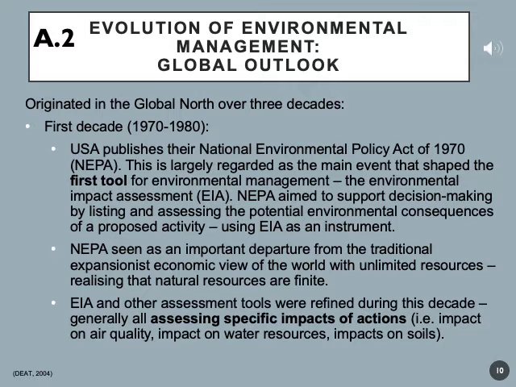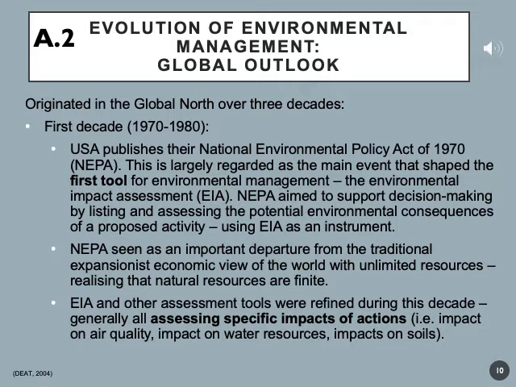And many regard this as the main event that shaped the first tool for environmental management, which is the Environmental Impact Assessment, or the EIA. NEPA aimed to support decision-making by listing and assessing the potential environmental consequences of a proposed activity and using this EIA as an instrument.